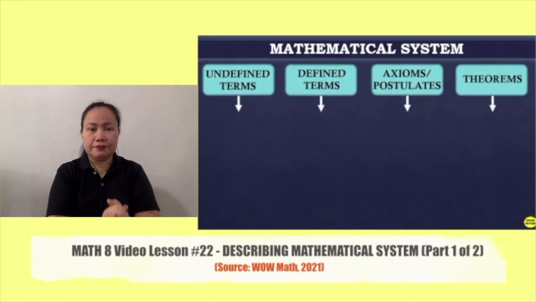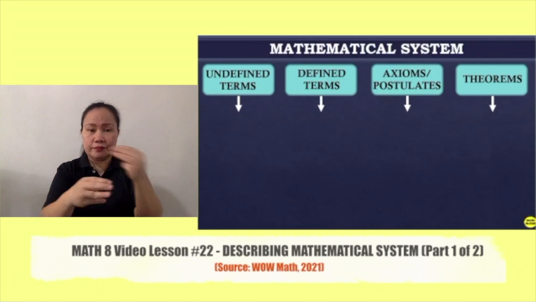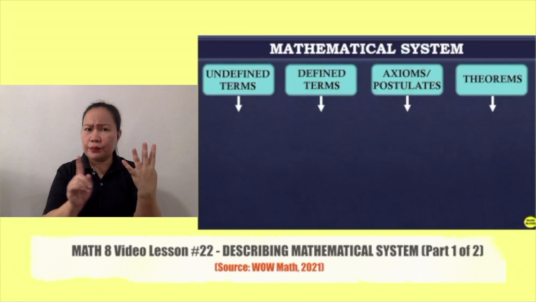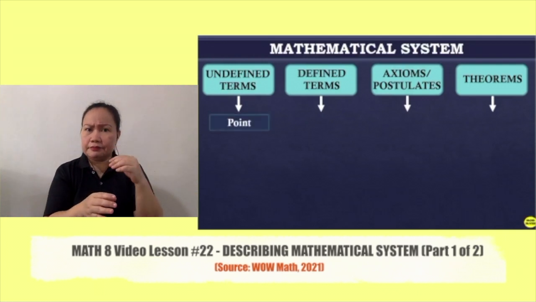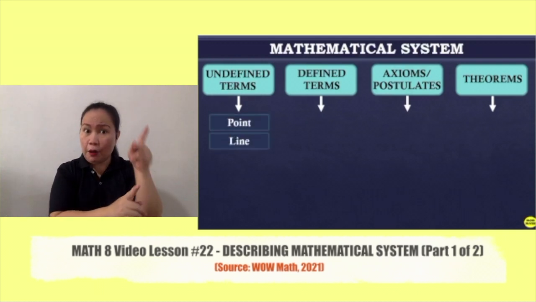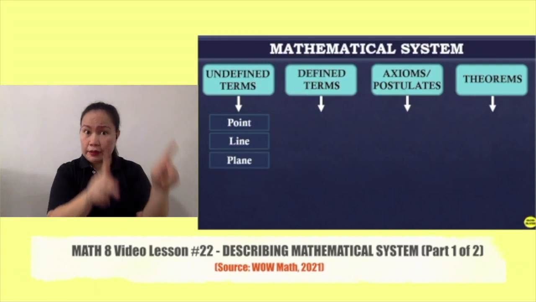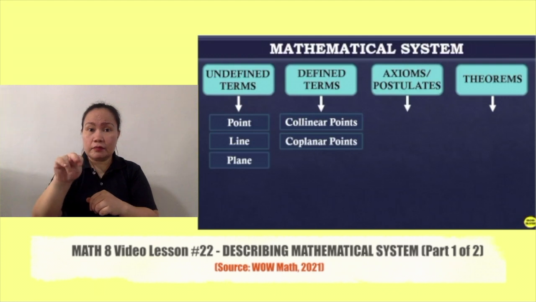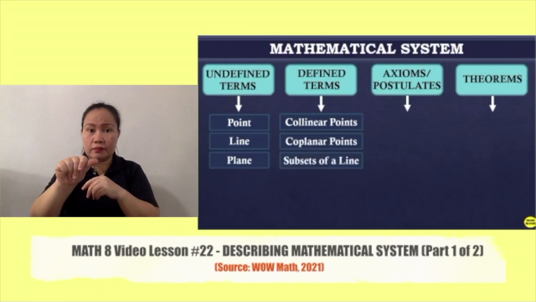Okay. So, these four parts of the mathematical system, the undefined terms, defined terms, axioms or postulates, and theorems, ano ba ang mga laman nito? Under undefined terms, we have the point, the line, and the plane. For defined terms, we will be discussing here the collinear points, coplanar points, and the subsets of a line.